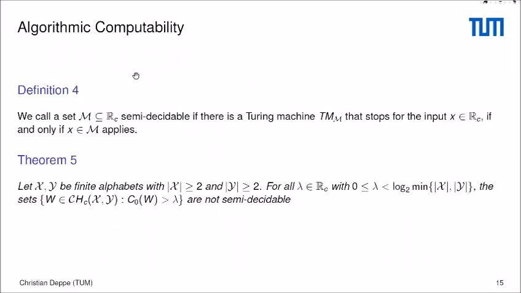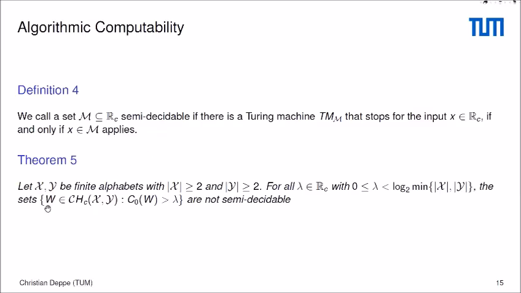Next, we look at semi-decidable sets. A subset M of the computable real numbers is called semi-decidable if there is a Turing machine that stops for the input x if and only if x is a member of M. Otherwise, it can run forever.